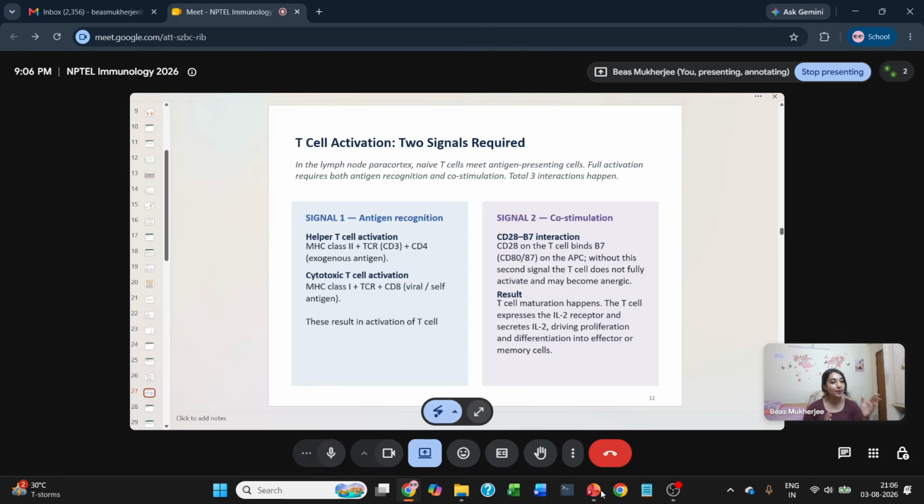It becomes completely non-functional and dormant, and it is killed by apoptosis, right? So as a result, T cell maturation happens. The T cell expresses the IL-2 receptor and secretes IL-2. So the T cell produces IL-2 and it has a receptor for IL-2. There is this constant production of IL-2, which helps its own proliferation and differentiation into effector and memory T cells. Okay.